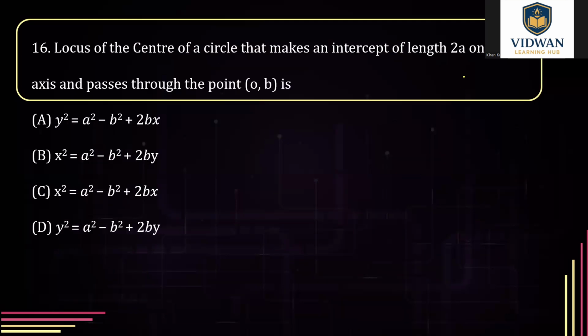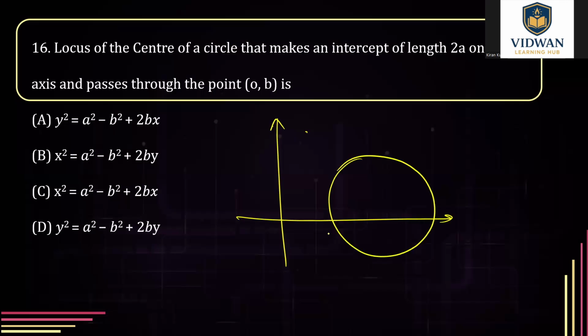So what was the formula for length of intercept on x-axis I gave you? 2 root of g square minus c. You can use that. You can do it from the diagram also, or you can use that formula also. So there is a circle which makes an intercept of length 2a on x-axis. Let me name it AB. And it passes through (0, b). So where is (0, b)?